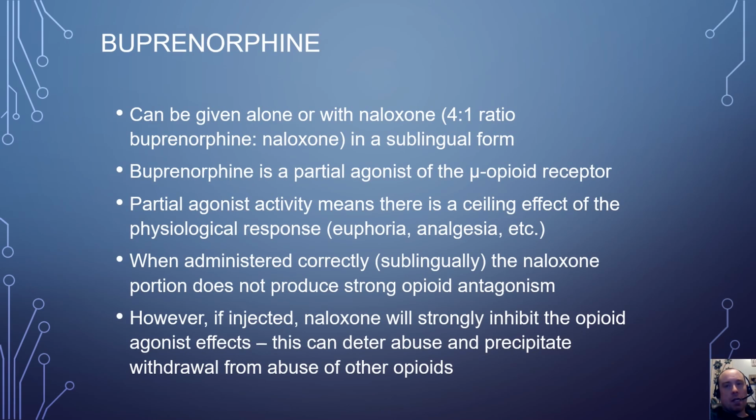So in addition to that, if someone happened to be abusing heroin or another opioid, and they did inject Suboxone after somehow dissolving or suspending it, they could definitely get opioid withdrawal, which is pretty much never fatal, but there is a risk of things like severe diarrhea, agitation or aggressiveness, and things like that. And some of the main side effects will be kind of the opposite extreme, you'll see.